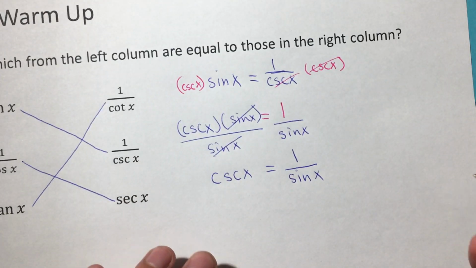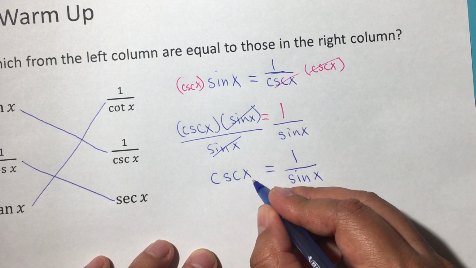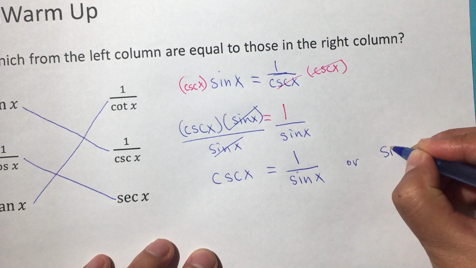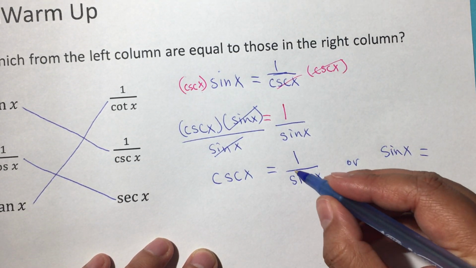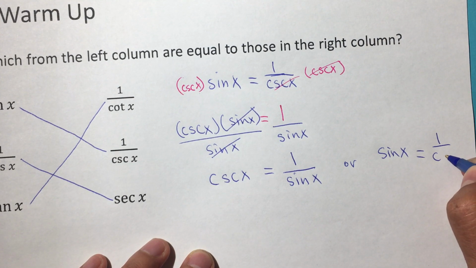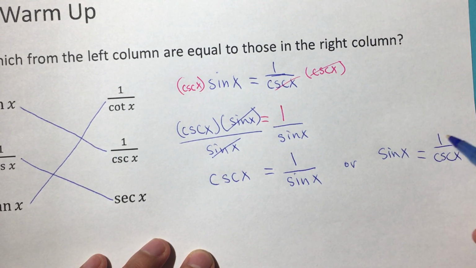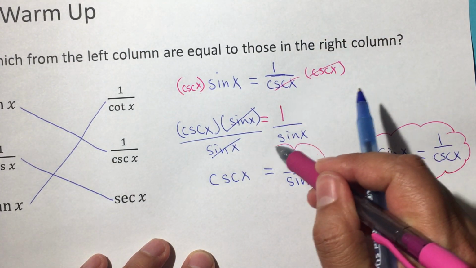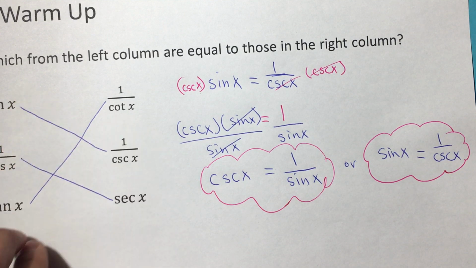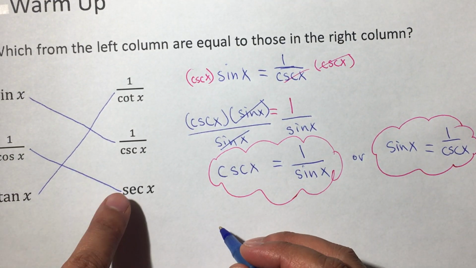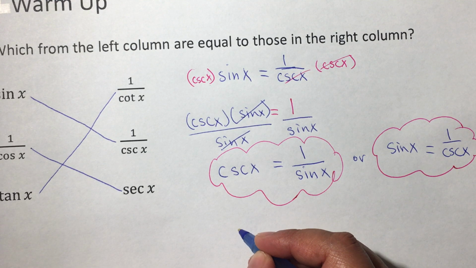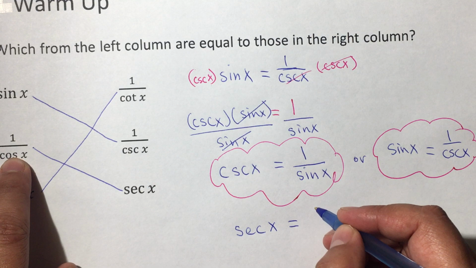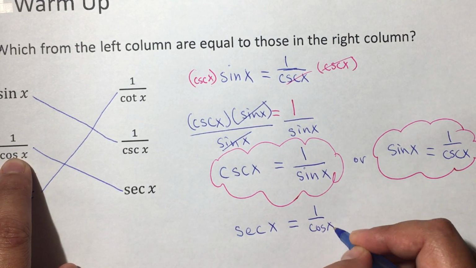So it's the same if you say cosecant of x equals 1 divided by sine of x, or sine of x equals 1 over cosecant of x. This is just showing the work, but just to understand that I can do the other ones without showing the work, I can say that secant of x is equal to 1 over cosine of x.